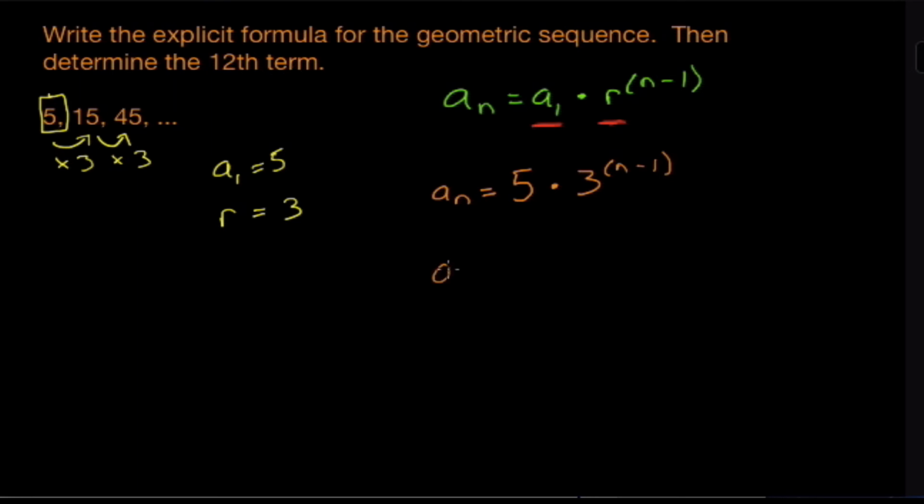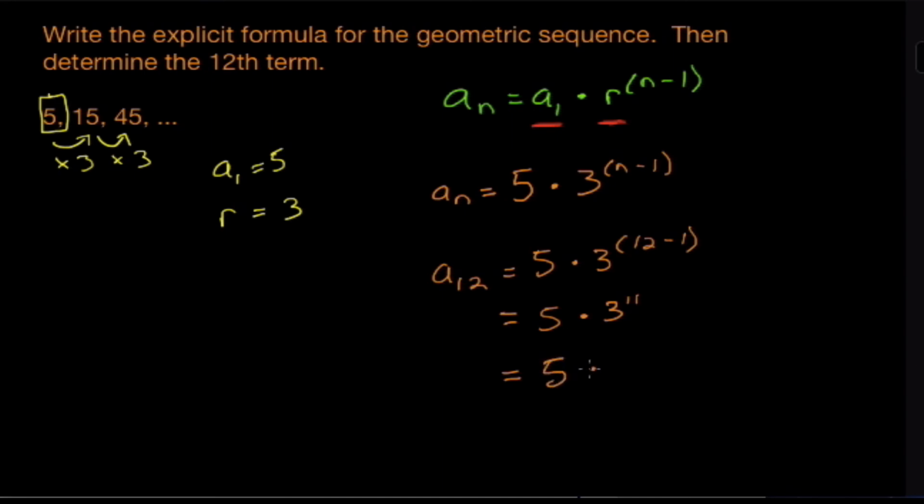So we know that the 12th term, a sub 12, equals 5 times 3 to the, and since n is 12, we're going to put 12 right here, and we're going to take away 1 from 12. And so all we have to do is evaluate the expression 5 times 3 to the 11th power. And as you'll see, this formula comes in handy because we're going to end up with a very, very large number.